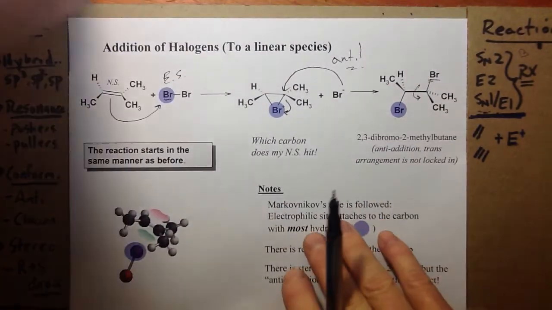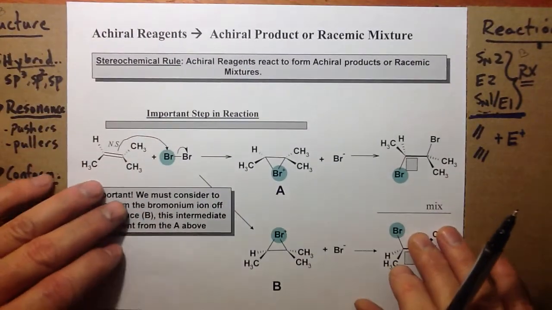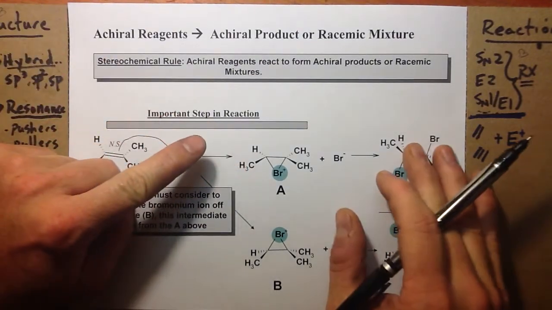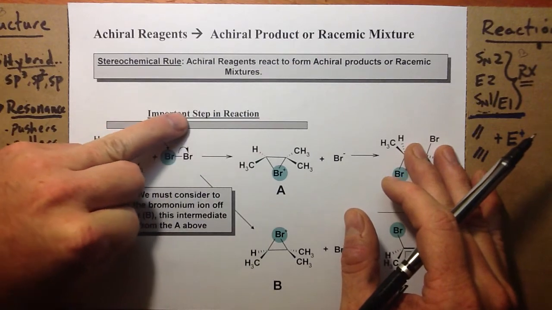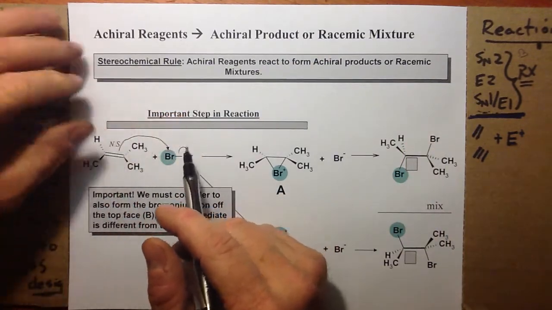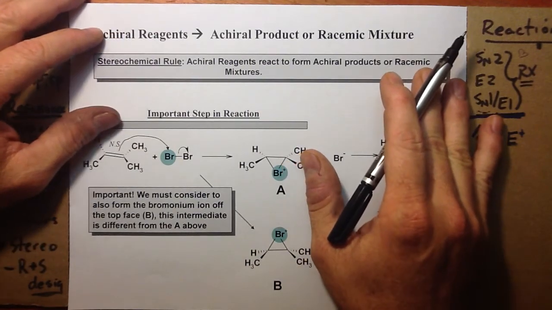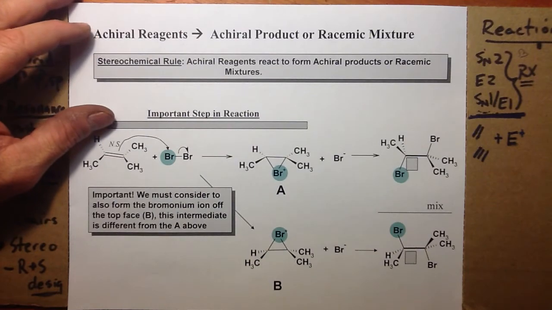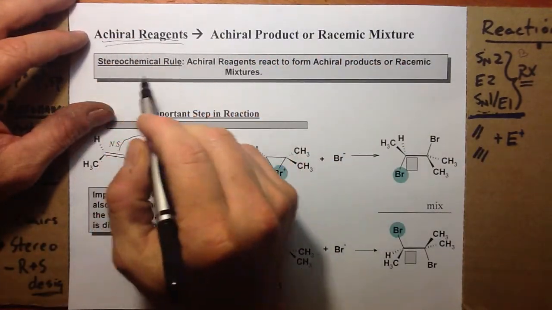We're almost done. We have just 2 more slides. Building on where we've been, we've looked at 3 reactions: addition of acid and water, hydroboration-oxidation, and our last one, Br2, or we can have Br2 with water. In the last 5 minutes, let's look at a very general rule over all reactions, and we've hit it already.